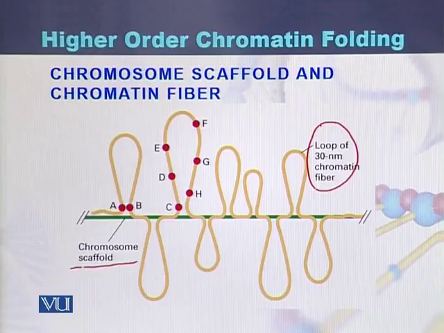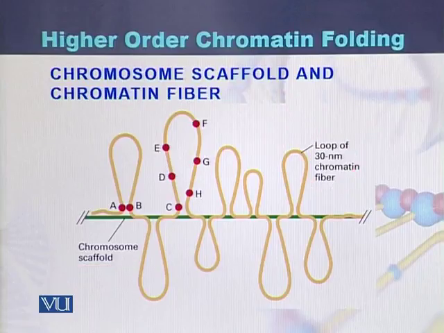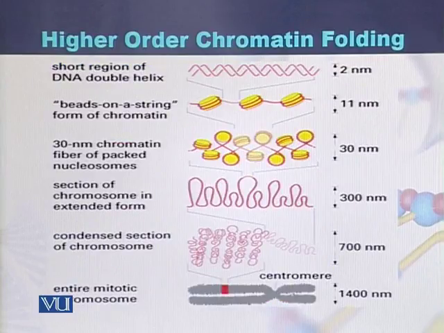They join with each other, and there are loops of this chromatin fiber. These are called loops, and these loops are called chromosome scaffolds. So this is the second level of the packaging.